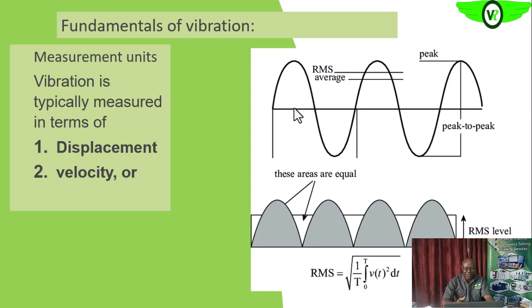Okay, so and the unit is usually the displacement per unit, that is per second. So if our displacement is in millimeter or mils, okay, it will become millimeter per second.